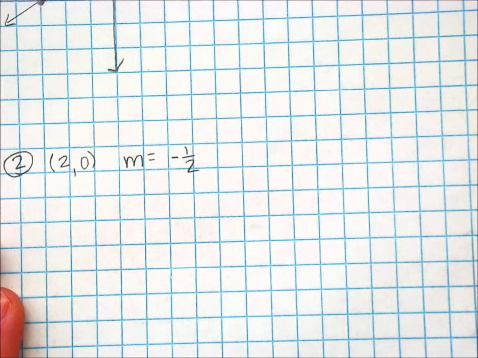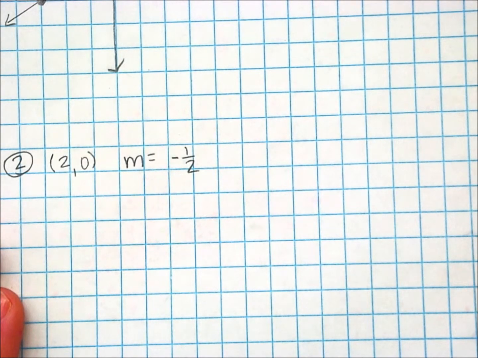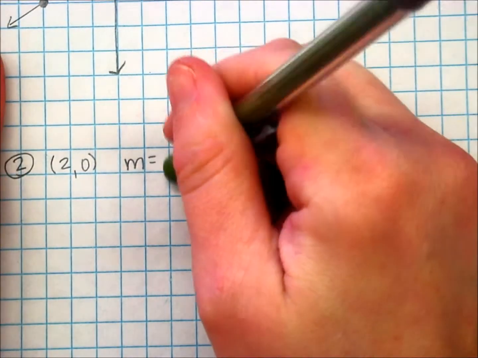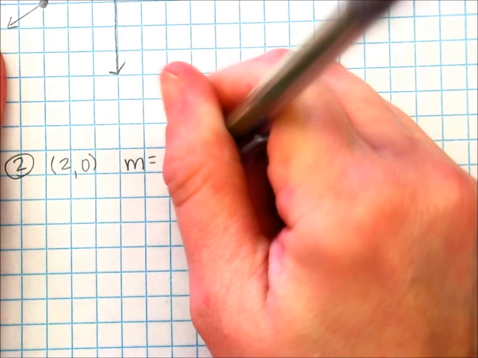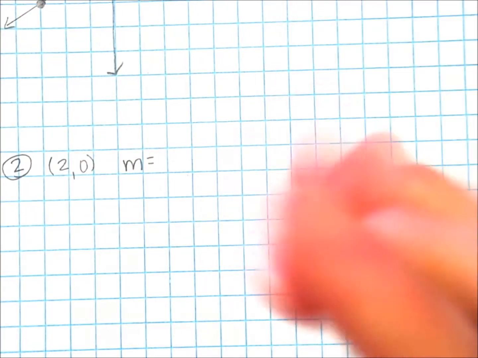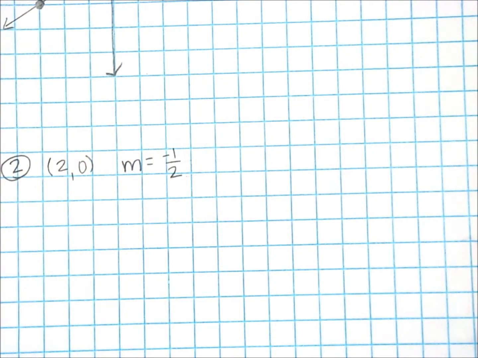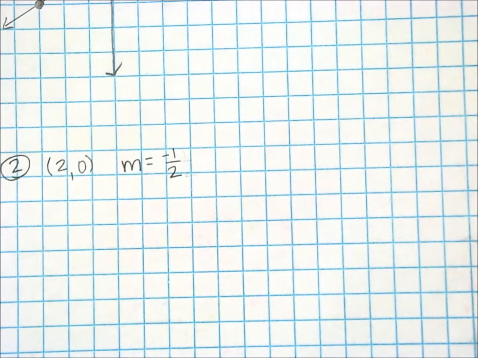When it gives you a negative slope that is a fraction, assign the negative to the numerator. So I'm going to rewrite this so that the negative sign is with the 1 in this case. So -1/2. That's still a slope of -1/2, but I'm going ahead and assigning the negative sign to the numerator and make things a lot easier.